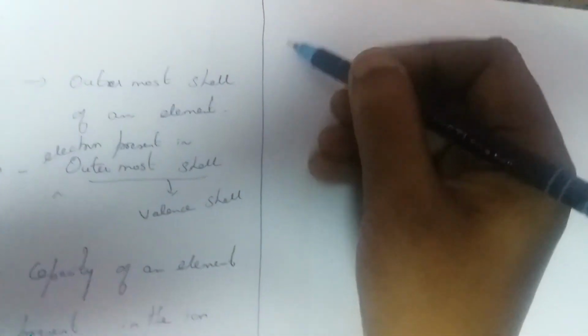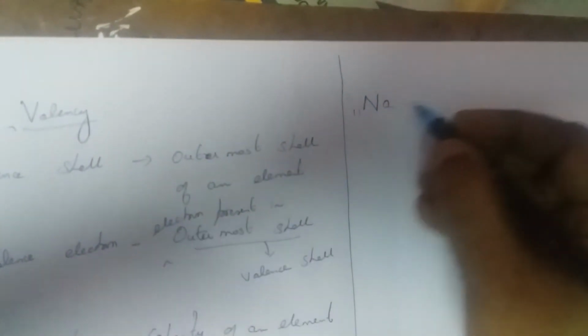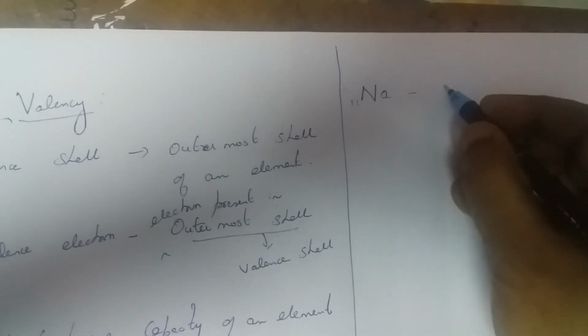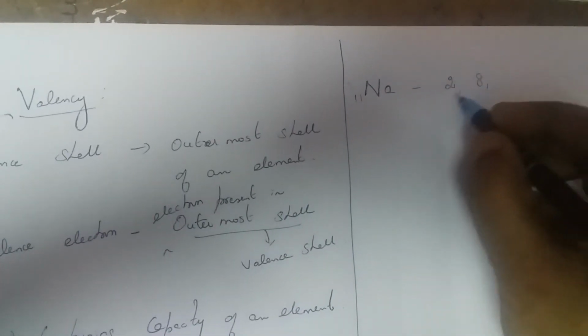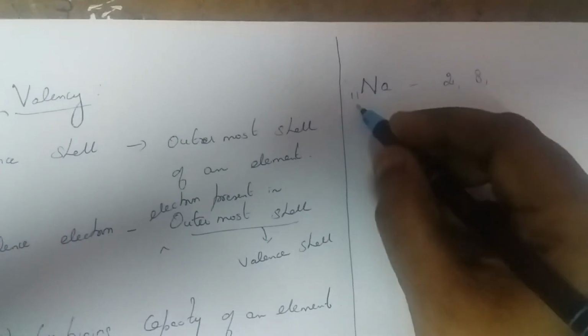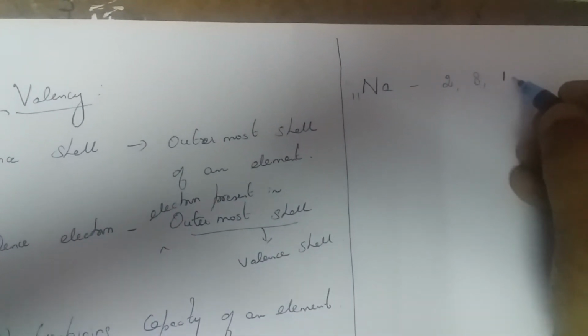Now we are going to see some examples. First, sodium. The atomic number is 11. What is the electronic configuration? First shell 2, second shell 8, and the third shell has the remaining, total 11 electrons. The last shell is the valence shell.